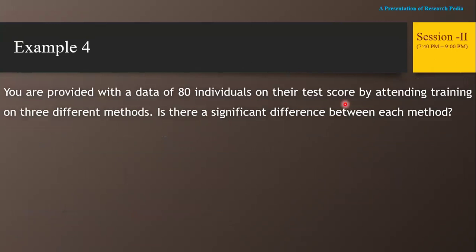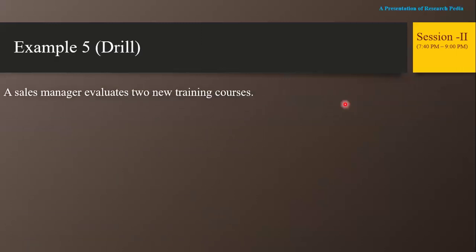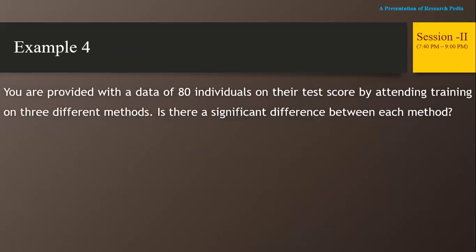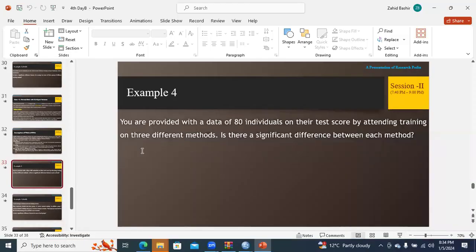You are provided with the data of 80 individuals on their test score by attending training on three different methods. Is there a significant difference between each method? To analyze example number 4 orally, because I didn't attach a screenshot over here.